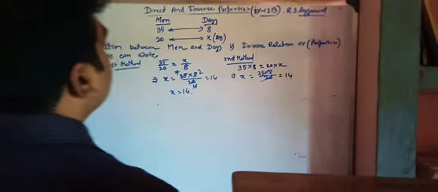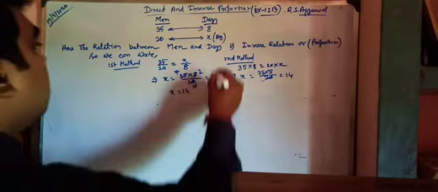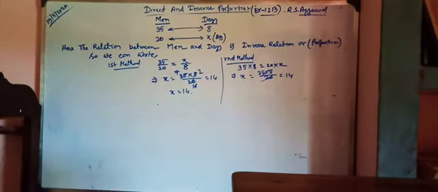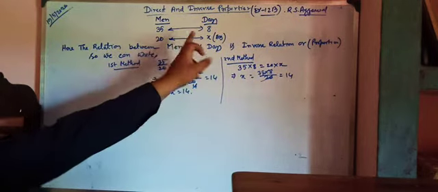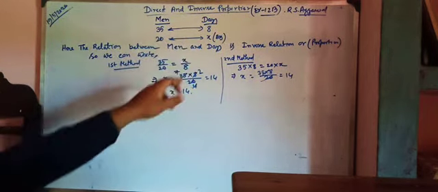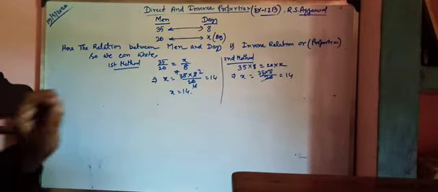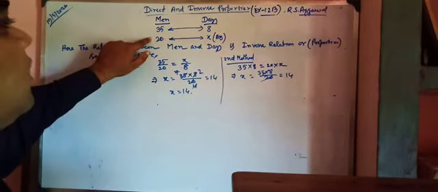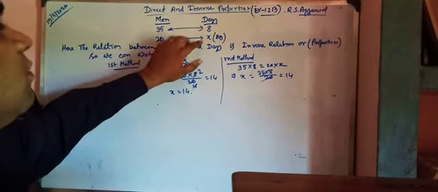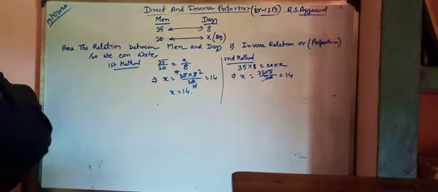So whatever method you want to do, you just do. Now if these are in direct proportion, then my method was 35 by 20 is equal to 8 by x. From there we can solve.